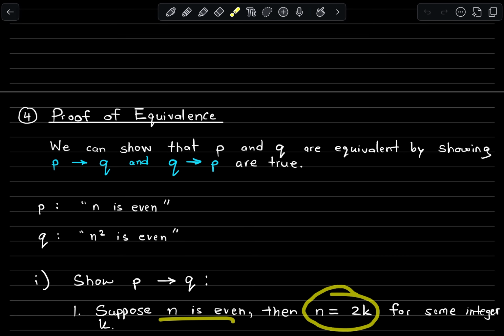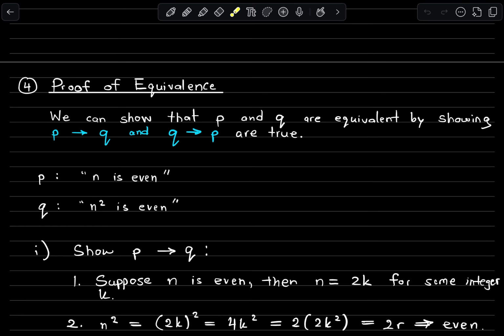Okay, so we'll try to just do this by direct proof. Let's assume n is even then. And that means n is going to be equal to 2k for some integer k. We go ahead, we square that. n squared is going to be equal to (2k) squared. That expands to 4k squared. You can factor out a 2, right?